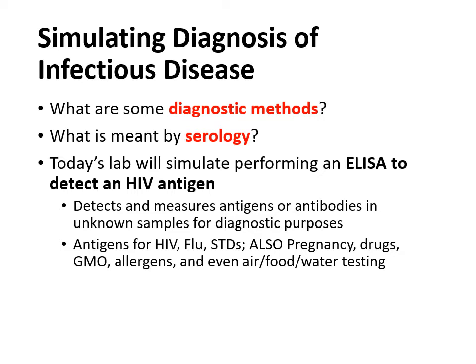Okay, so it's a very valuable, powerful tool, but it's based on the concept of specific antibodies will bind specific antigens, and that idea that this is part of your natural adaptive immunity, which we discussed in lecture as well. So keep in mind the concept of adaptive immunity, the helper T cells activating the B cells, making those antibodies, and that binding is going to be the basis of the experiment today.